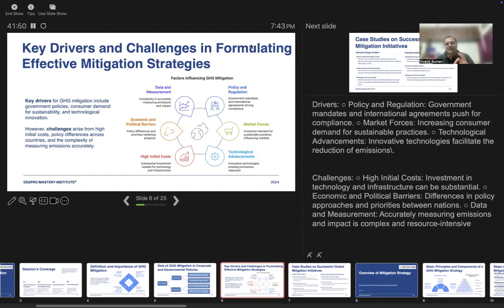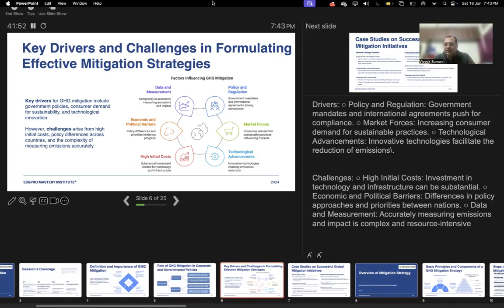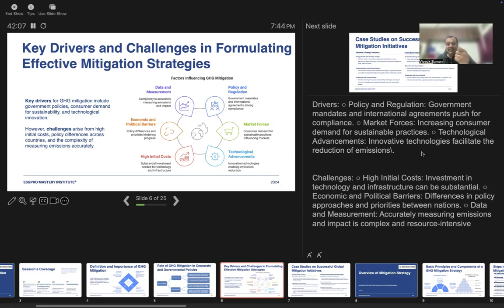Now, what are the drivers? Let's understand why these GHG mitigation strategies are happening. The factors influencing GHG mitigation start with policy and regulation. You have to understand that the moment government puts a stick, people start following it, and the European Union did that.